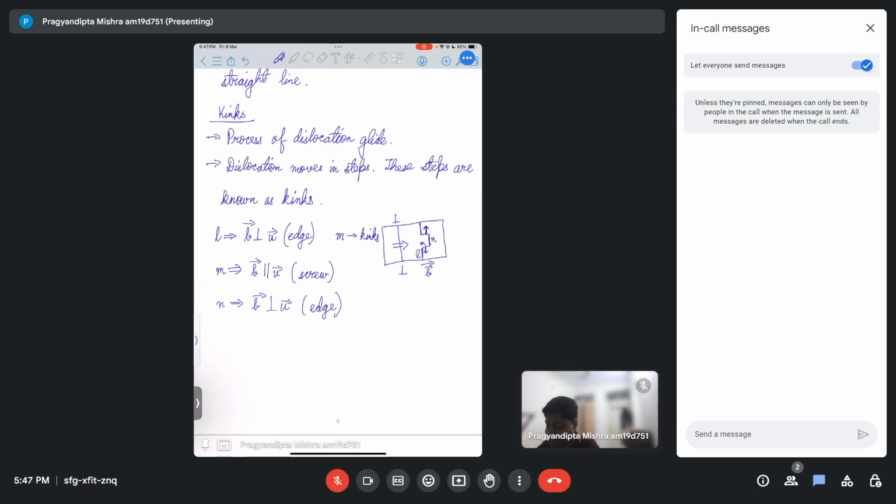So essentially what is happening is, a small region will push itself outwards, forming a kink. And then these kinks will move across laterally, like the kink part, the M part that I am drawing, will move laterally and result in average displacement of the dislocation.